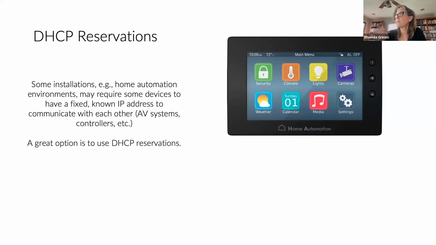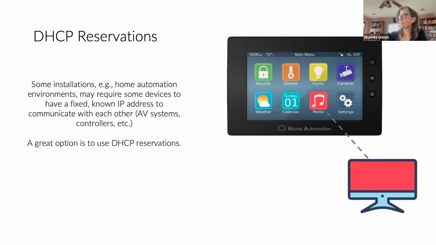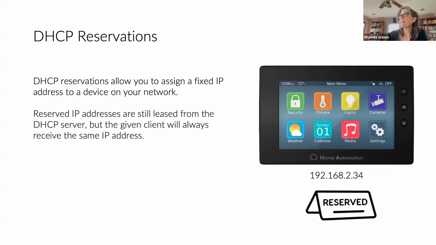So a great option there is to use what they call DHCP reservations. It's basically saying, I'm going to assign you this so-called dynamic IP address, but I'm always reserving it for you. So it's still leased, but it's just an ongoing lease, and it continually gives you the same IP address.